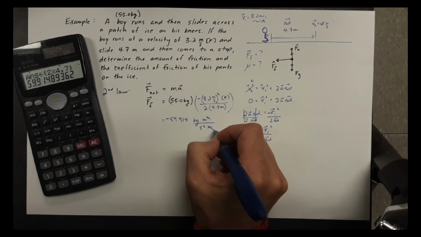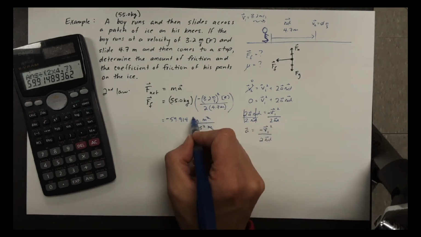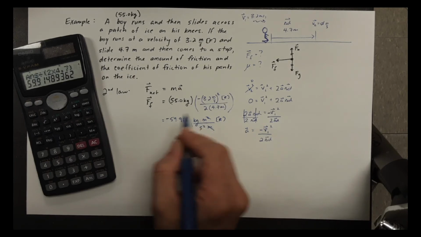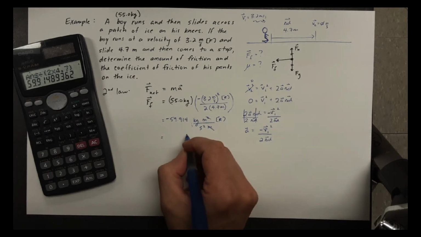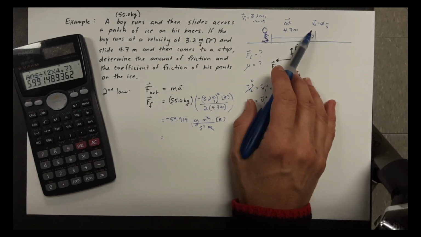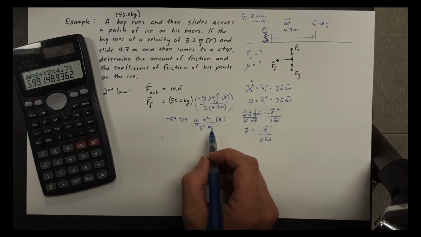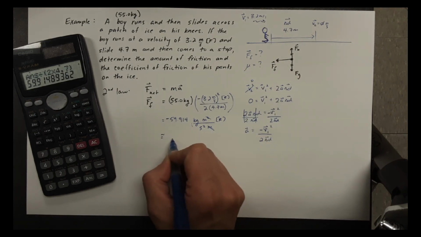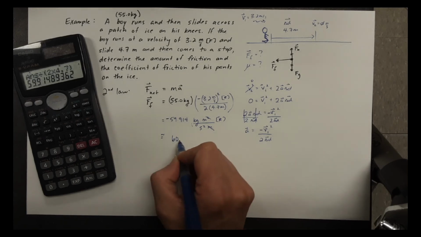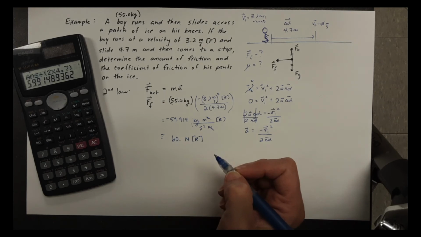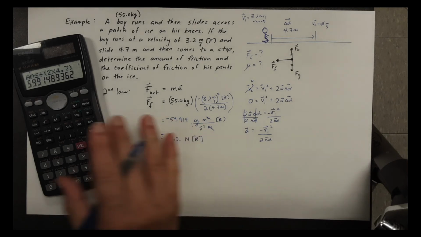So one of those gets divided away, and this is my units to the right, which is a kilogram meter per second squared, which is a Newton. Now, significant figures, I have 2, 3 here, so in the end I can only have 2, so it's approximately 60 newtons to the right. Okay, and there's the force of friction.